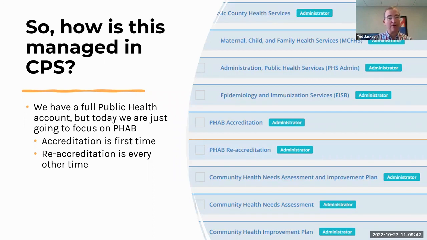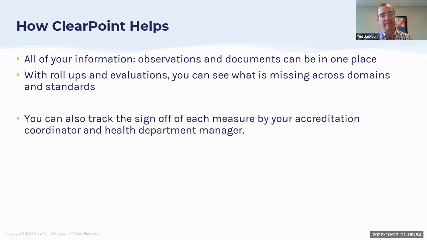And so today's webinar is going to focus primarily on PHAB, the accreditation and the reaccreditation process, but I thought it might be helpful to show you a little bit about ClearPoint kind of leading into that, right? So what does ClearPoint do to help with that process? We put all of your information, your observations, your documents into one place. We have the ability to roll up information and do evaluations so you can see what's missing across your domains and standards.